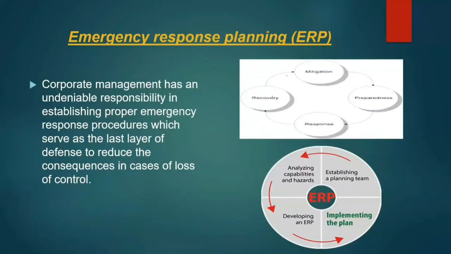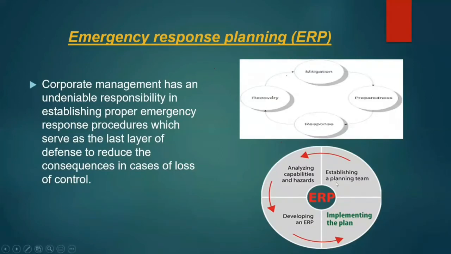Second is internal and external communication, by sharing information with site emergency responders and the neighboring community, like asking the ambulance to come, asking the fire defense to come. The third is mitigation through internal emergency planning and cooperation with external services.